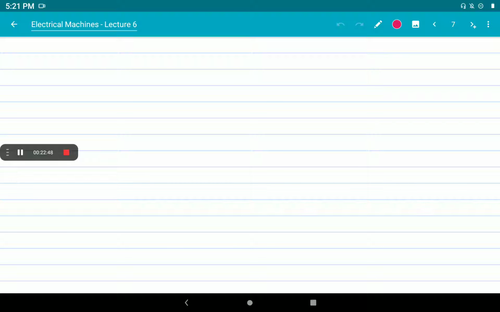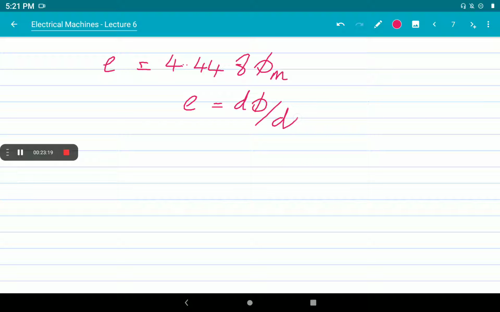Then we can write the RMS value of induced EMF E as 4.44 f into phi m. If we talk about one single turn, the induced EMF is d phi by dt.